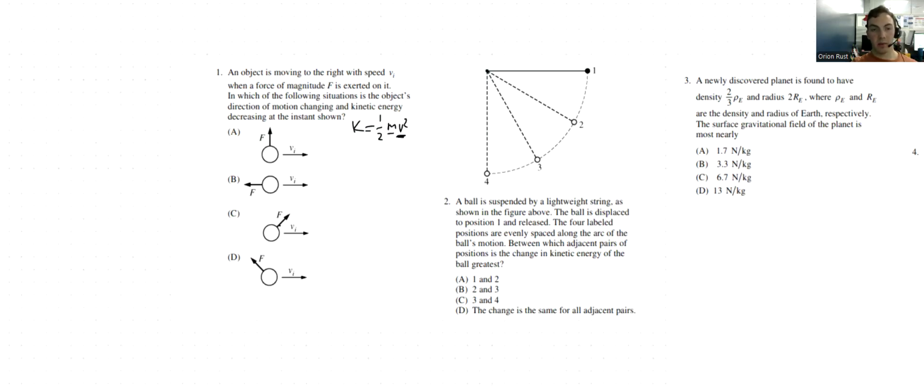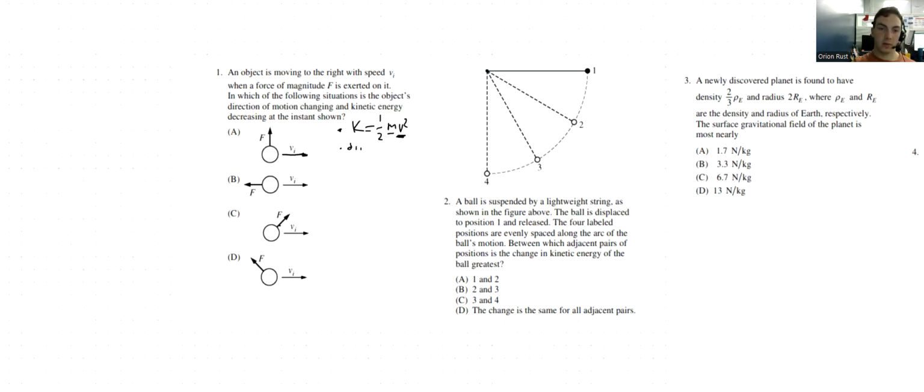So with example A right here, the direction of motion changing is obviously if this vector right here is changing direction. So essentially, we want a force that will change the magnitude, which is given in this kinetic energy equation, and the direction.